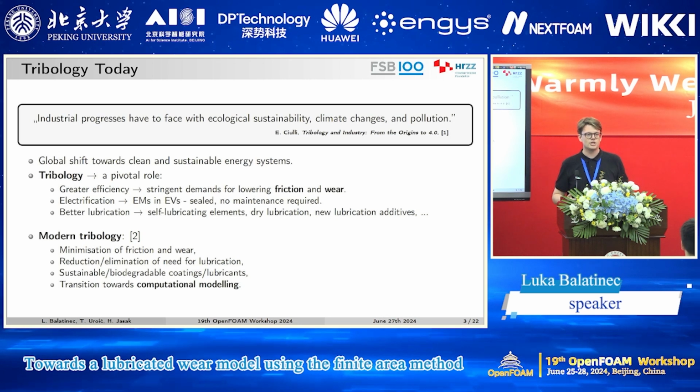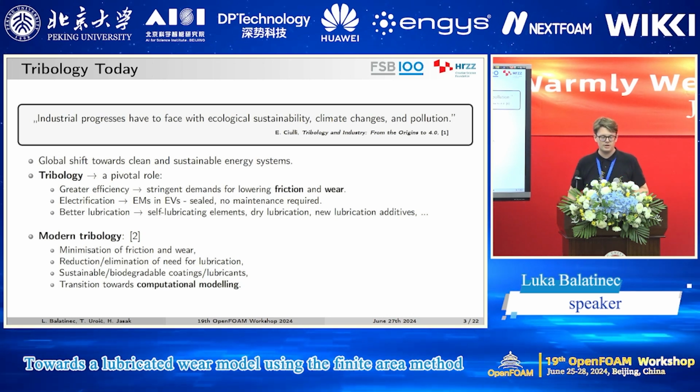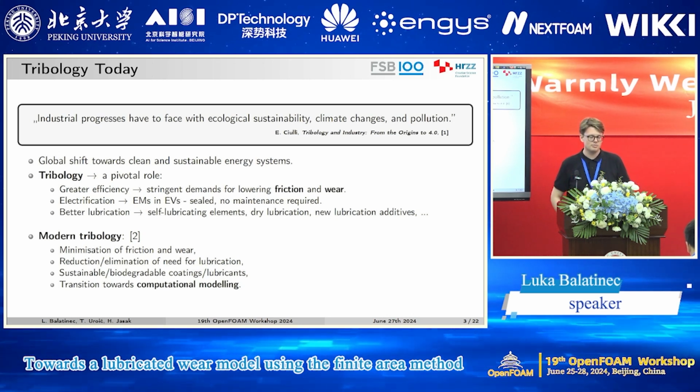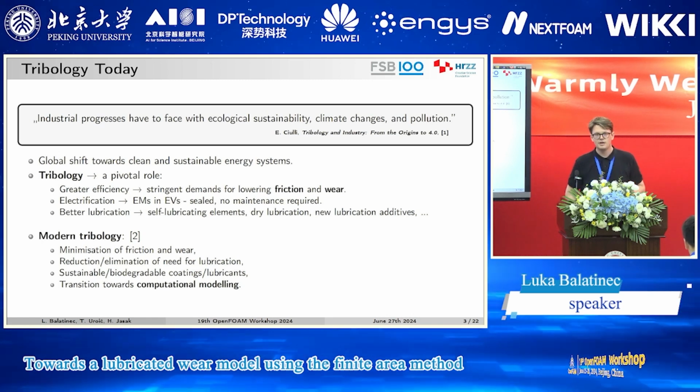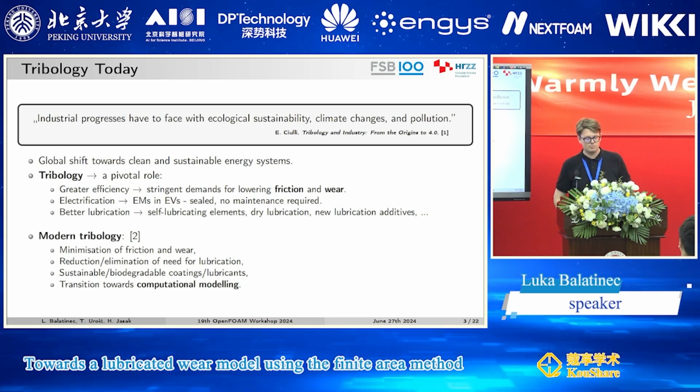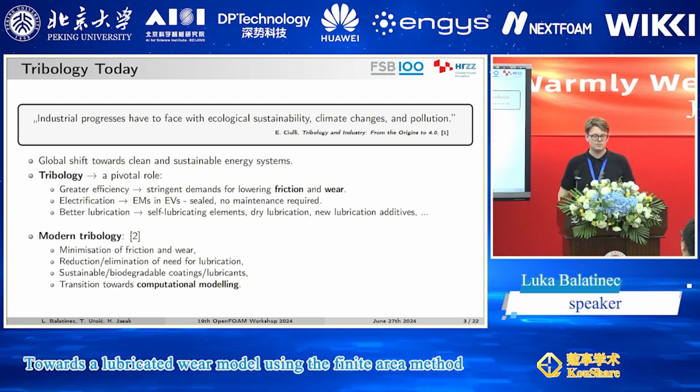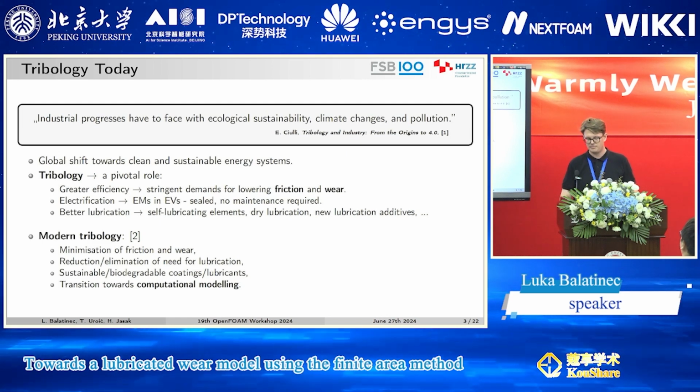So modern tribology has to deal with the minimization of friction and wear, with the reduction or complete elimination of any need for lubrication, with sustainable or biodegradable coatings and lubricants, and lastly, with the transition towards computational modeling.